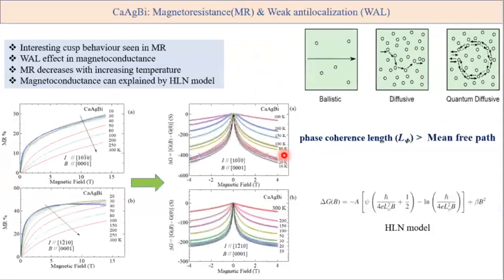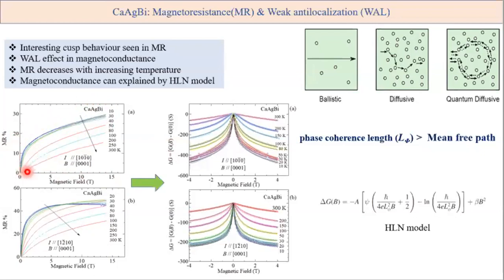Okay, fine. But the most interesting thing is the magnetotransport. You can see this is basically the magnetoresistance versus field. The magnetoresistance shows a cusp-like behavior in low field, and it has almost linear behavior at high magnetic field.